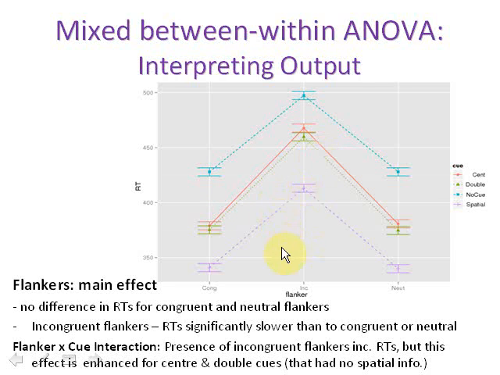So depending on whether you've got an uninformative spatial cue, the centre and double ones didn't tell you much, or an informative one, it has a larger or smaller effect on your reaction time. So this is the so-called interaction, a dependency between those two factors.